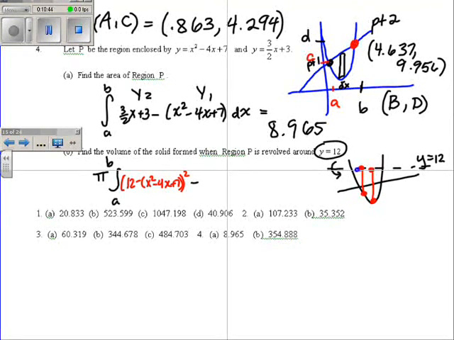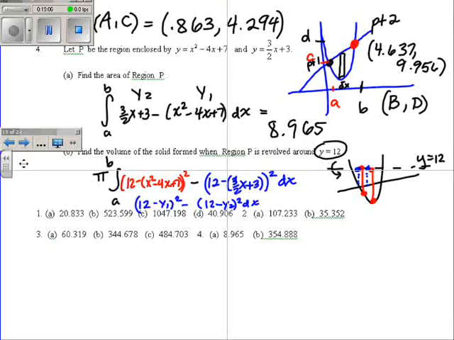Minus little r, which is from the axis to the closest point on the region. So 12 minus the line, 3/2 x plus 3, squared. Okay, in your calculator you could type 12 minus y1 in parentheses squared minus 12 minus y2 in parentheses squared if you wish.